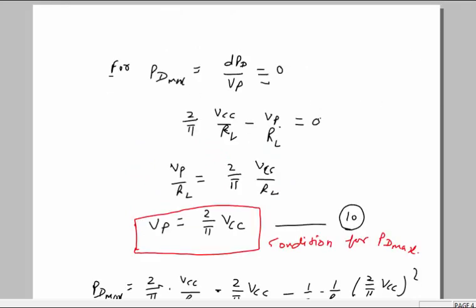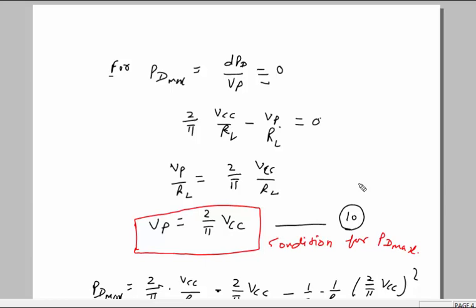Now at the point of maximum power dissipation, the efficiency can be evaluated by substituting for VP from equation 10, because this VP is the condition for maximum power dissipation.